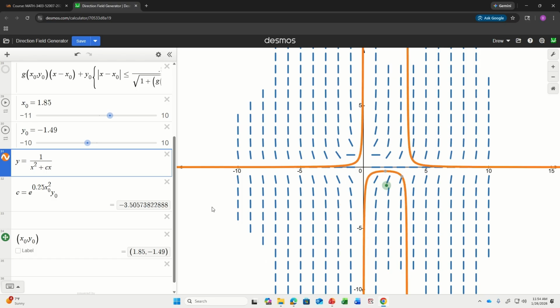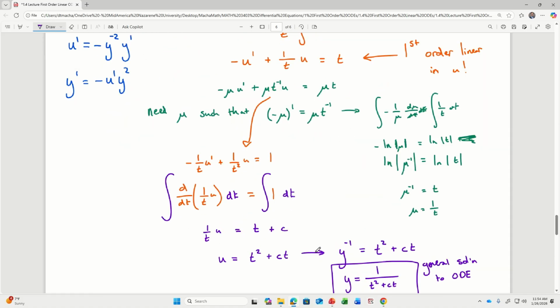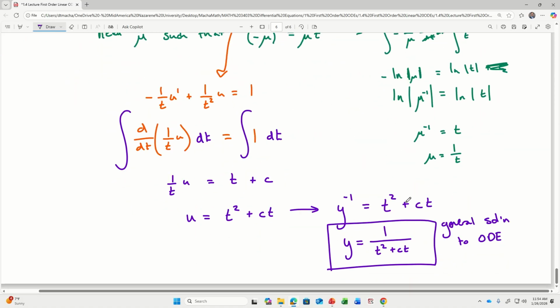And then I find the c, we've got to find the C. Got to find my particular solution by solving for C. It would be 1 over y0 is equal to t0 squared plus ct0. So c is 1 over y0 minus t0 squared, divided by t0.